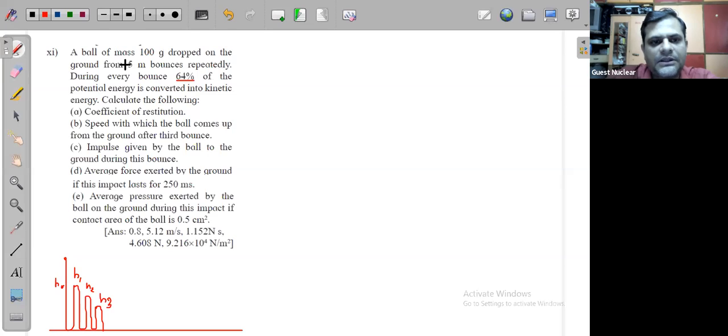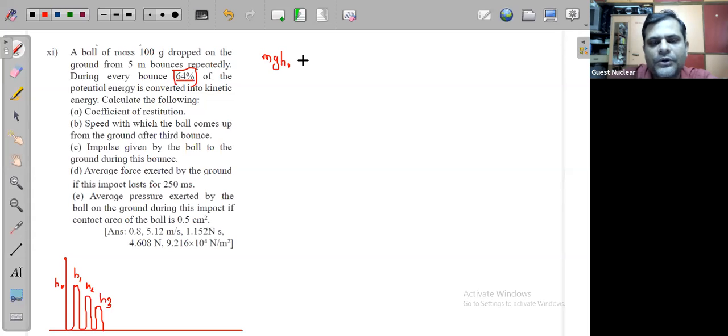Okay, first remember one thing: here it is given that during every bounce, 64% of the potential energy is converted into the kinetic energy. What does this mean here is, see, in the first bounce, 64% of potential energy will be converted into the kinetic energy. Means, suppose that the potential energy of the ball initially is mg h naught.